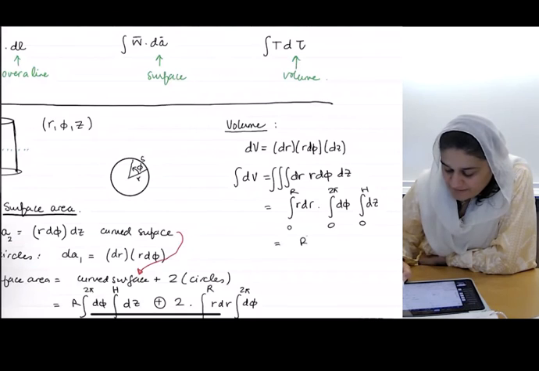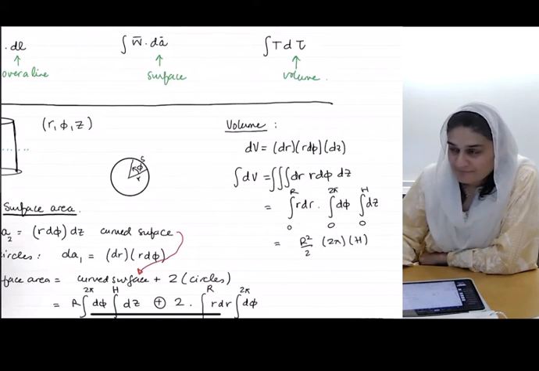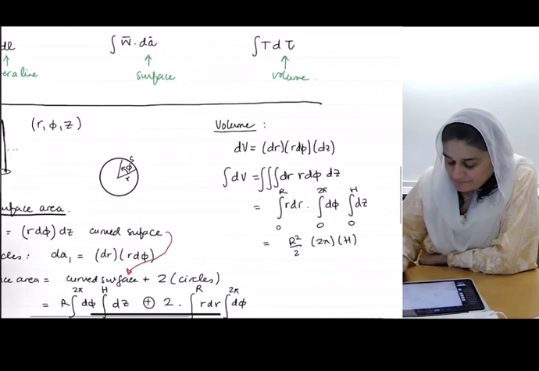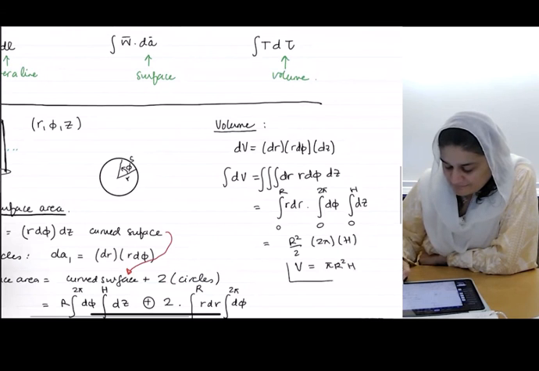What do I get? R squared over 2 pi h. Drum roll. What do I get? Woohoo.